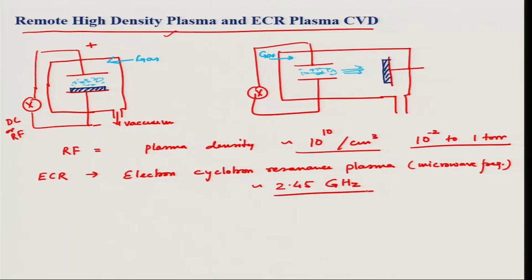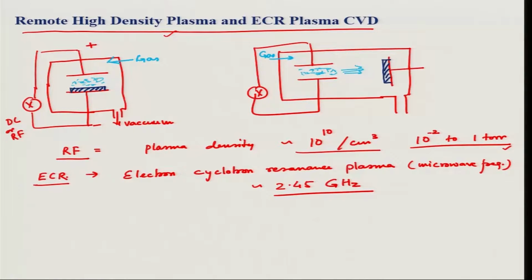Now, my electrons are oscillating at a higher speed. Because this is an AC plasma, they couple more efficiently with the gas which is inside and create more dense plasma. We had seen how RF plasma is superior over DC plasma in creating higher plasma density at lower pressures.